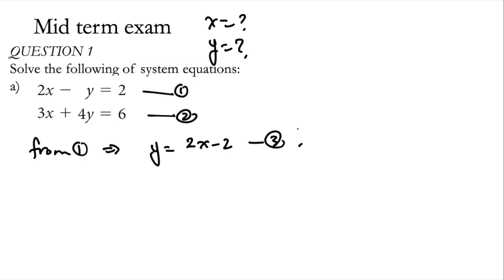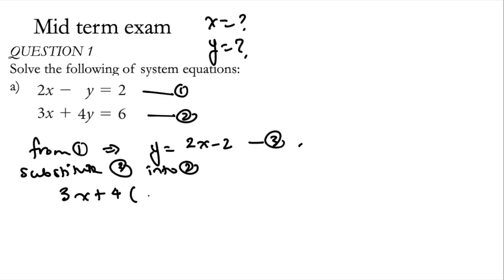Now, what we need to do with equation number 3 is substitute it into 2, isn't it? Remember we need to find x and y. So here it becomes 3x plus 4 times y. We substitute y with equation 3, put it here: 2x minus 2, equal to 6.